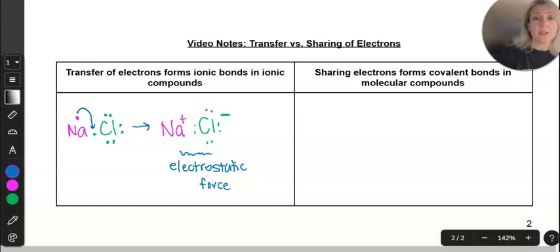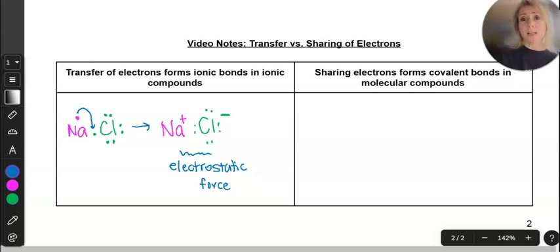And that's simply the force that holds two oppositely charged particles together. So our ionic compound, sodium chloride, is going to form because sodium transferred its electron to chlorine.